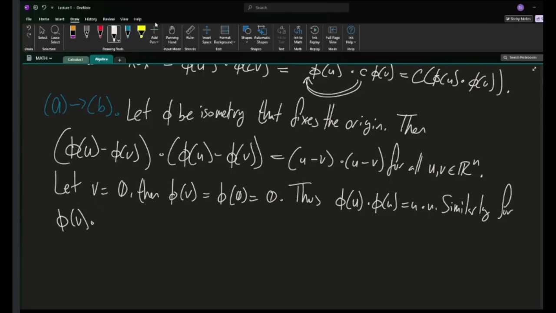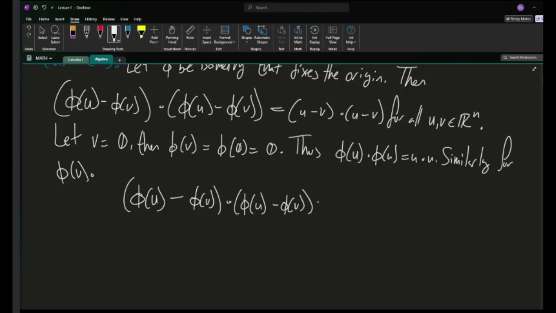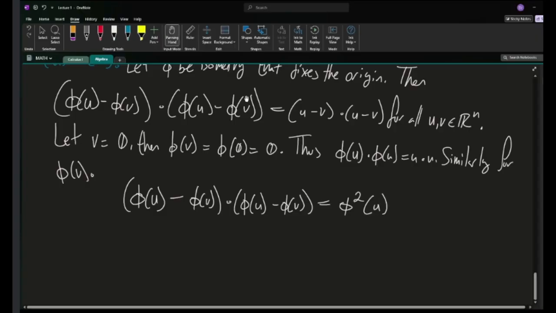So with this idea now present, we could just show this by having the statement up above previously dotted with itself equal to phi of u minus phi of v dotted with itself.